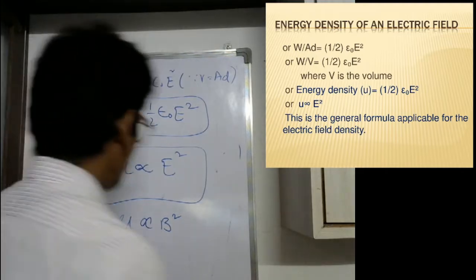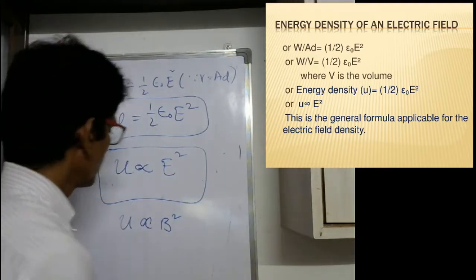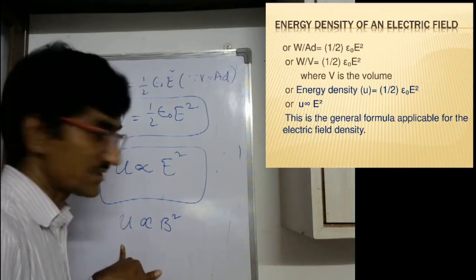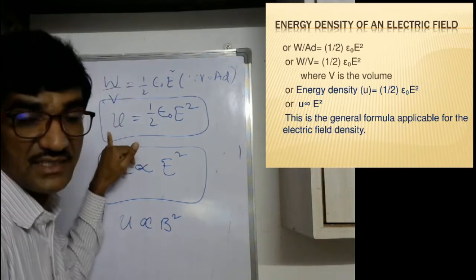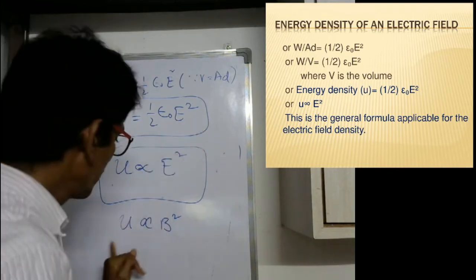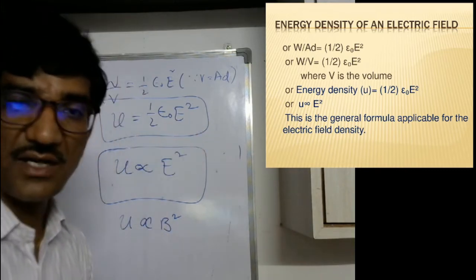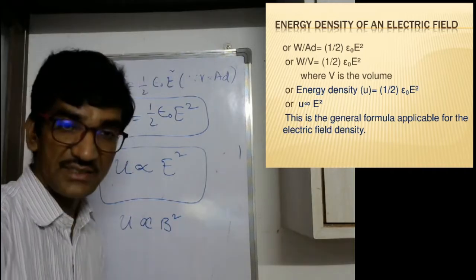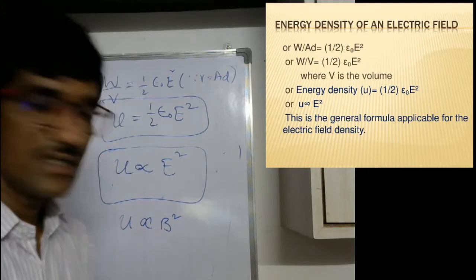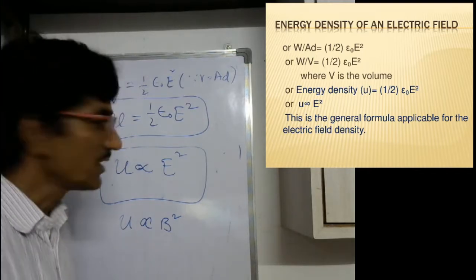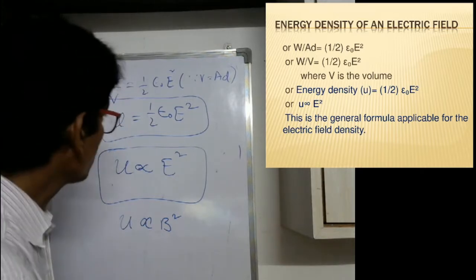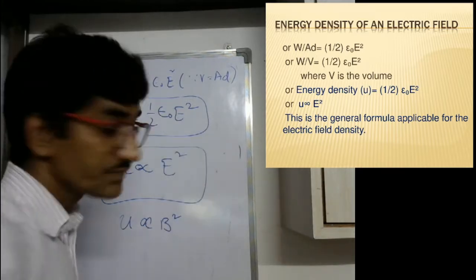Okay, right. This is magnetic energy density. This is electric energy density. Here you have the magnitude of the electric field vector. Here you have the magnitude of the magnetic induction vector. Here also you are having a square for B. Here, what is the exact formula there?